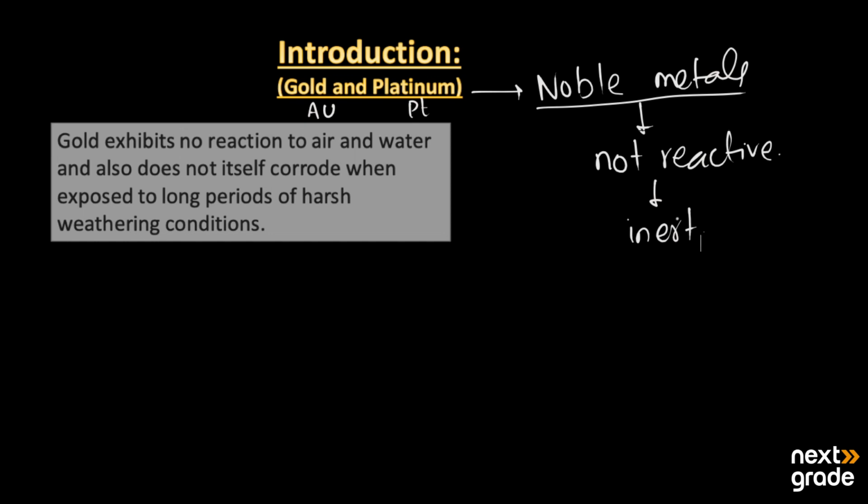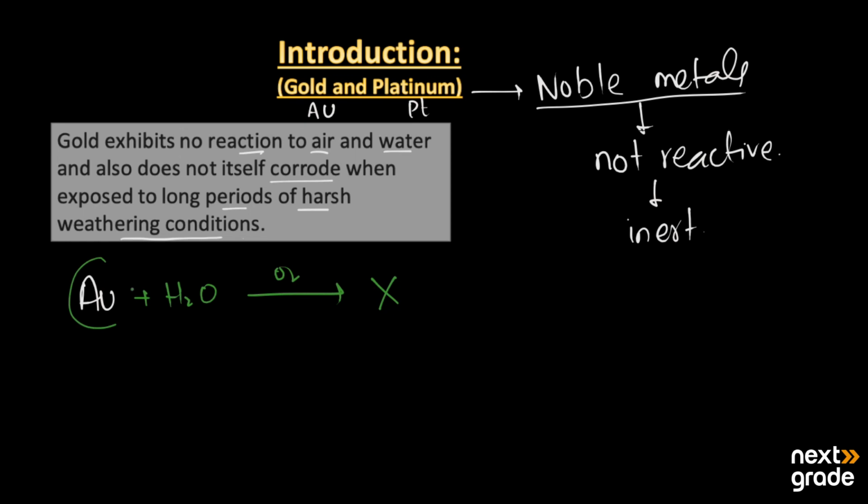So basically gold exhibits no reaction with air and water, and it does not corrode when exposed to a long period of harsh weathering conditions. It means if we keep gold in water in the presence of oxygen, which is in the atmosphere, there will be no reaction.